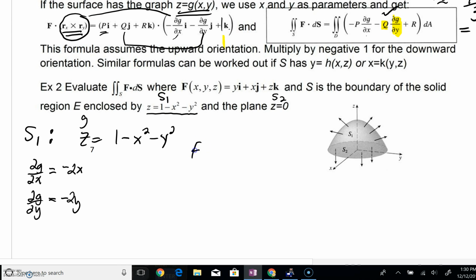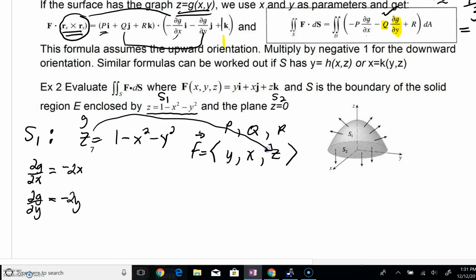Our F is going to be a vector, of course. Here's your P, Q, and your R, guys. Your P is y, your Q is x, your R is z. But guys, z on this surface, remember what's going on. First, you want to have your parametric form for your surface, but you always apply that parametric form to your vector field.